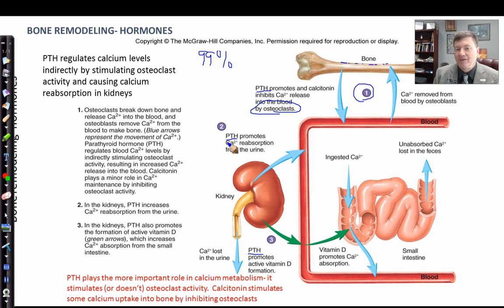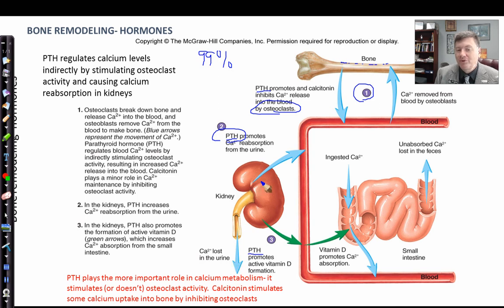That's action one. Action two is that PTH is going to cause the kidneys to reabsorb calcium from the urine. That's a little strange statement. Inside the kidneys, we have a bunch of tubes, and fluid is moving through it. Some of the fluid is going to eventually be lost as urine.